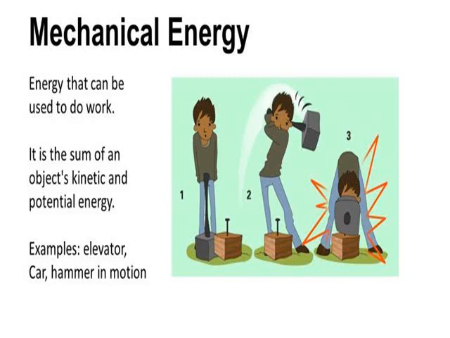This mechanical energy is of two types. One is potential energy and the other one is kinetic energy. So energy that can be used to do work is known as mechanical energy. It is the sum of an object's kinetic and potential energy.